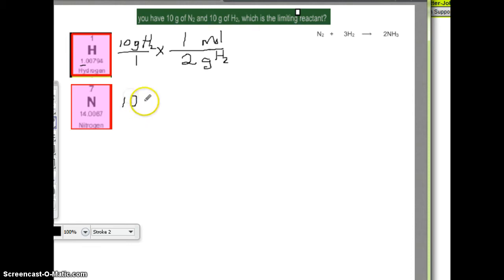All right, and so for our nitrogen, we start out with 10 grams of N2. And what has to go on the bottom of my next fraction? Grams of N2. Again, we're changing it to the magic mole. And how many grams?